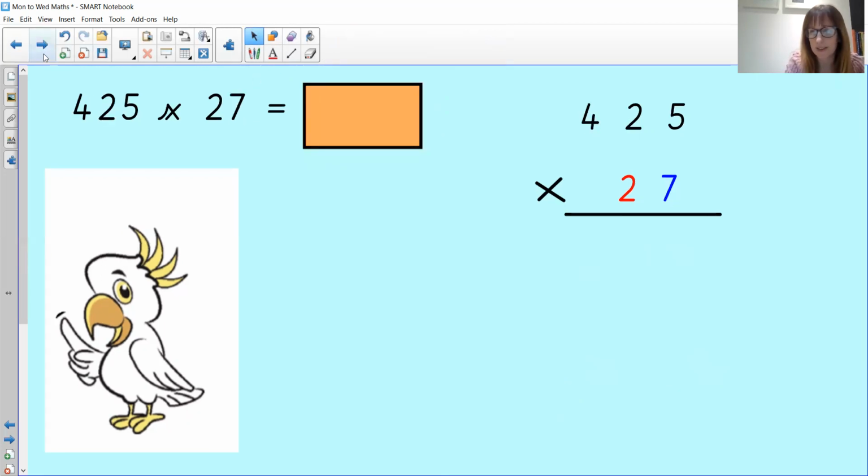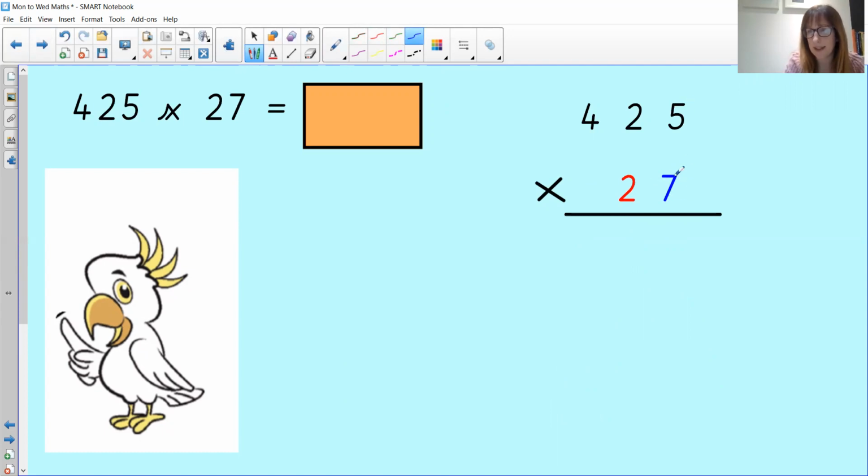Right, let's have a look at this one. 425 times 27. So if you'd like to, pause me here and have a go first before I go through it. Otherwise, if you're not quite so confident, let's carry on. So I'm going to multiply by 7 first of all.